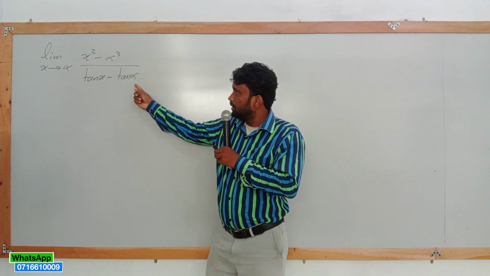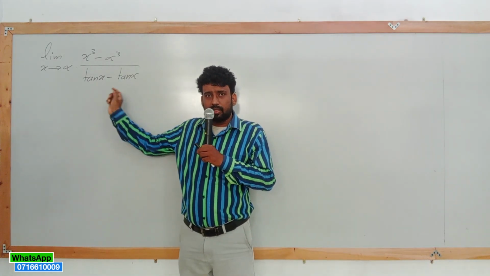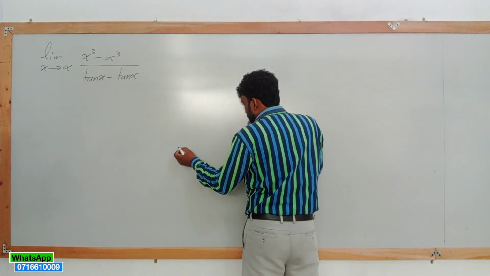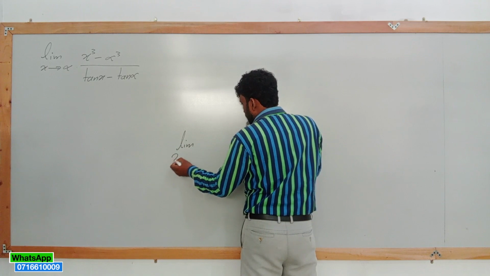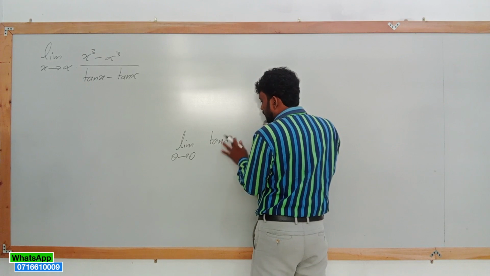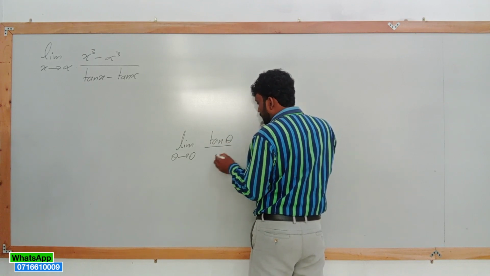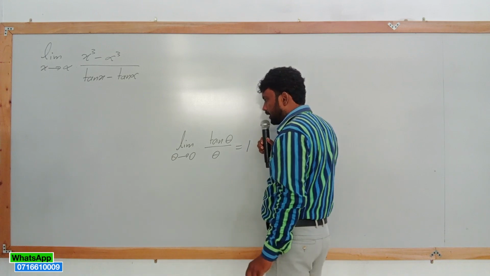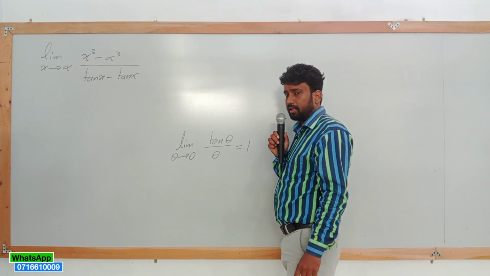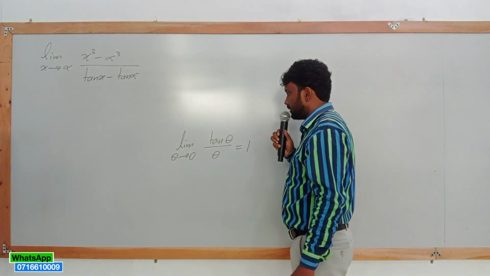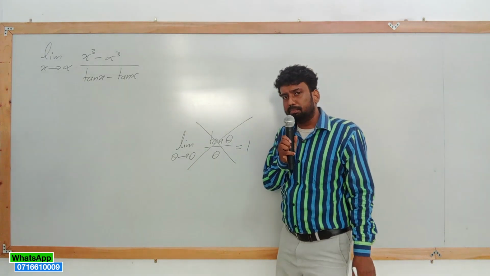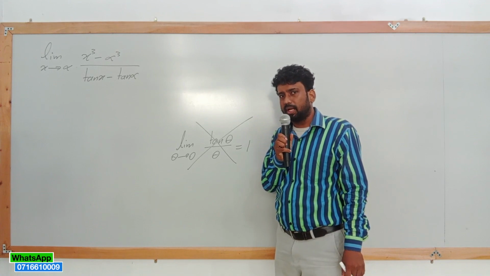Normally, some students use this theory: limit theta goes to 0, tan theta divided by theta equals 1. That is completely wrong, right?